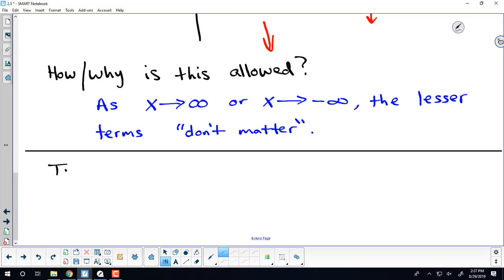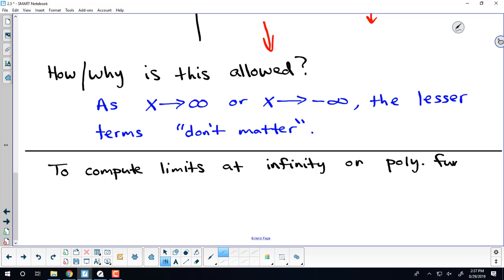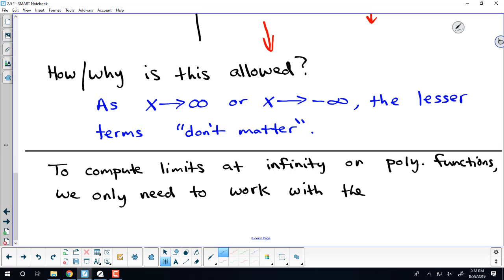To compute limits at infinity on polynomial functions, I guess we only need to work with the leading term. So that's really the fact that gave us the leading term test.